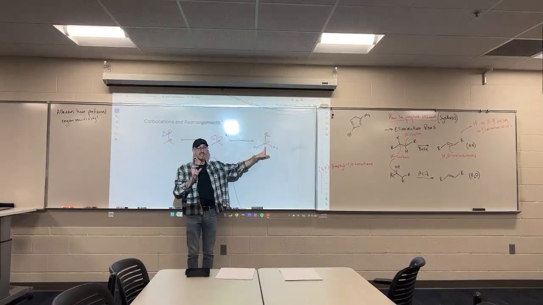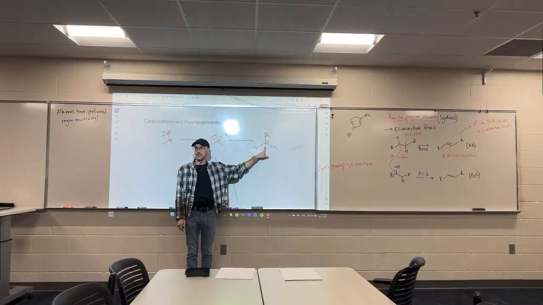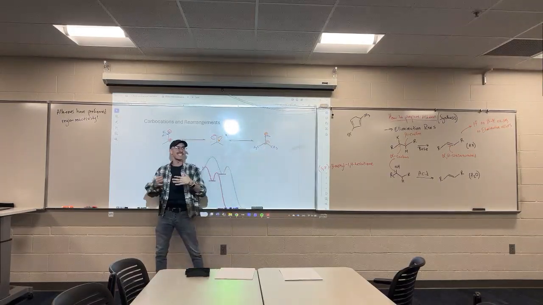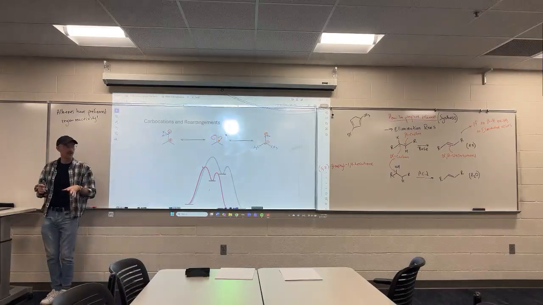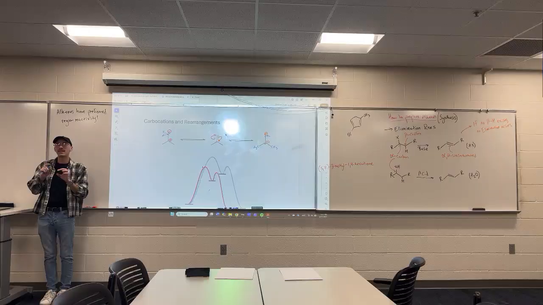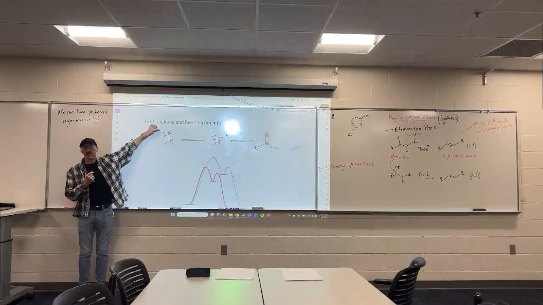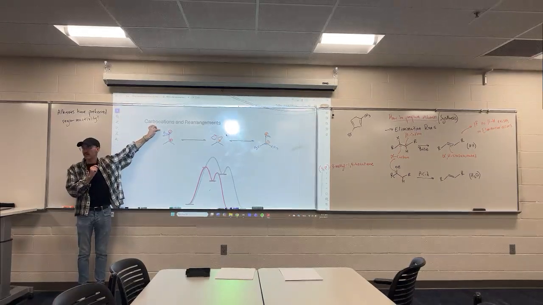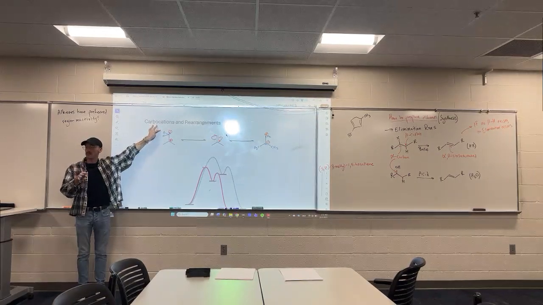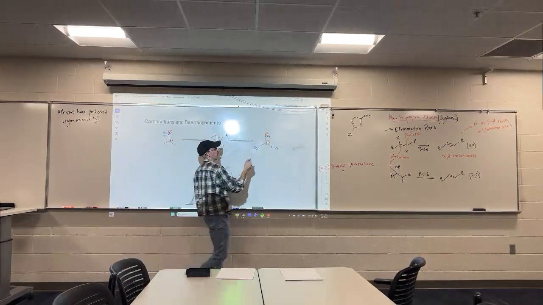This lone pair has to push away 3 big, bulky alkyl groups. Which lone pair is more destabilized? The one on the right. Which lone pair is the least destabilized? The one on the left. This puts up the smallest fight, so it's more stable, less reactive. This puts up a big fight.